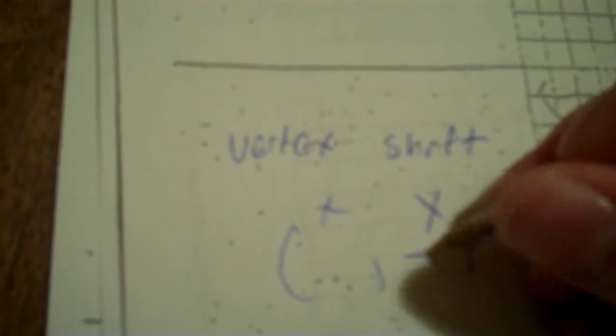So vertex shift. Now that is a K value. K values have the same effect to the Y. So if it's minus 7, I need to minus 7 from the Y. 0 minus 7 shifts that vertex to negative 7, and the X stays the same.